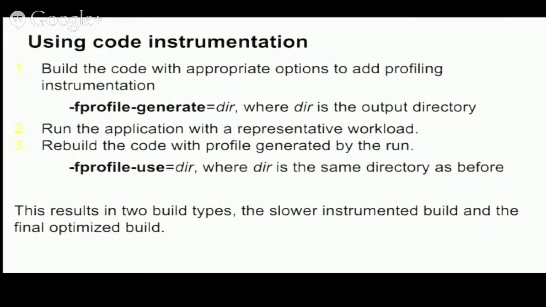Because if you have a very good representative workload, then you're going to get great improvements. If you over-optimize for a desperately simple case, then you may not see improvements in production. It may actually make your code worse. Then you have to pass -fprofile-use on a second run of the compiler to pull that profile information in and make the new optimization decisions.